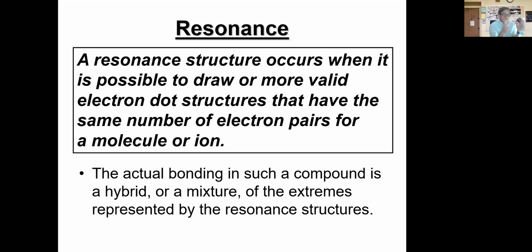With resonance, we are faced with another problem, and that is we have structures that are not only valid, all of the structures are valid. So what resonance is basically saying is that you take a molecule, you draw out the Lewis dot structure for all those molecules, and every single one is valid in terms of the octet rule, valid in terms of the connections, and also valid in terms of bond energies.